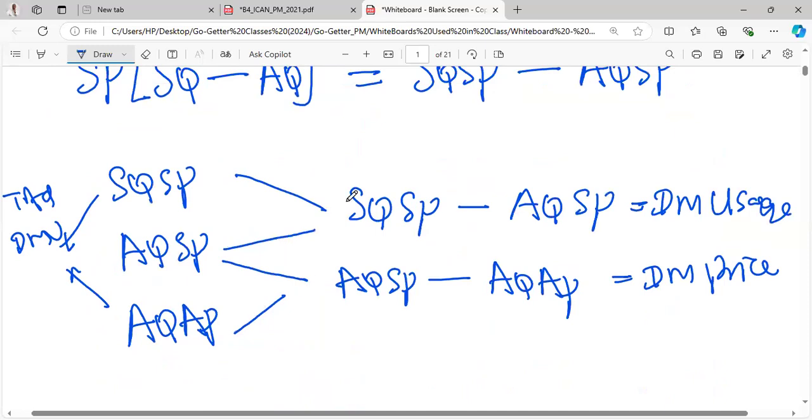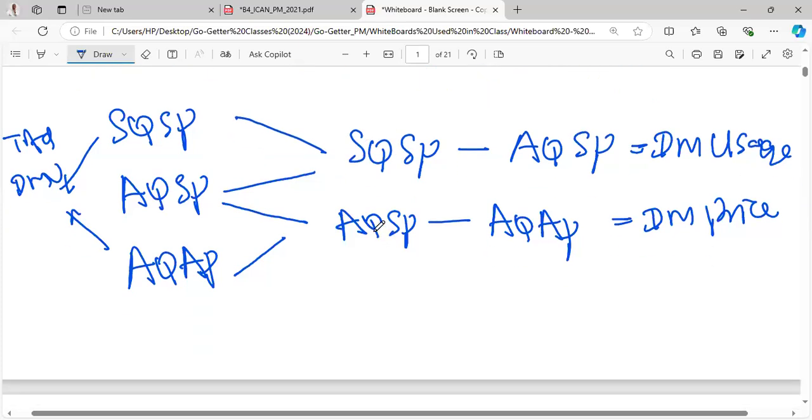Then top minus bottom, when you see that standard price is common here, it is the quantities that are different. So it is usage. When you see that actual quantity is common here, it is the price that is different, then it is direct material price variance. That's how you know the first one.